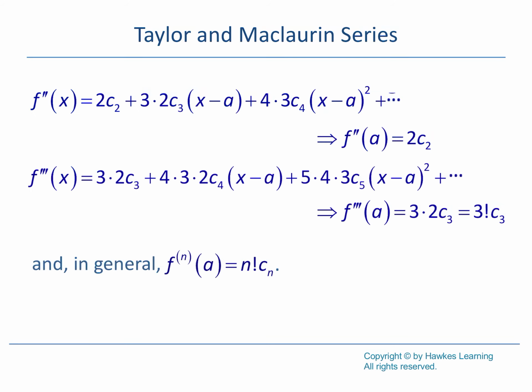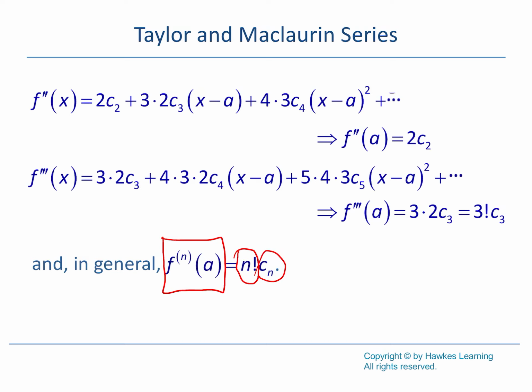You've seen this in the video already, that the reason the factorials show up is because we continue to take successive derivatives using the power rule. And so, in general, the nth derivative evaluated at a is n factorial times the coefficient that we want.